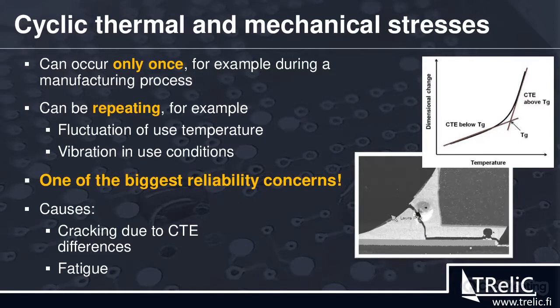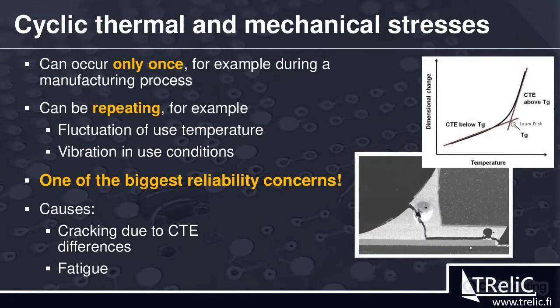So for example, here in the picture, we have a crack in a solder joint due to thermal cycling. And what is also important to notice is that the thermal expansion changes, especially in polymer materials, due to temperature.